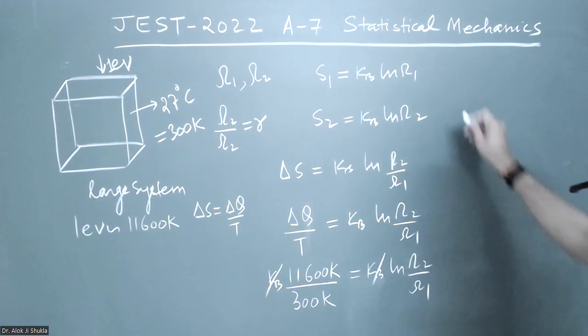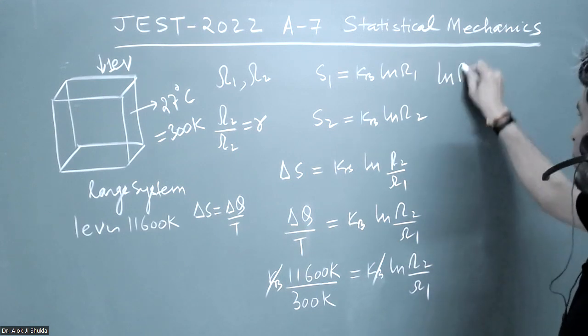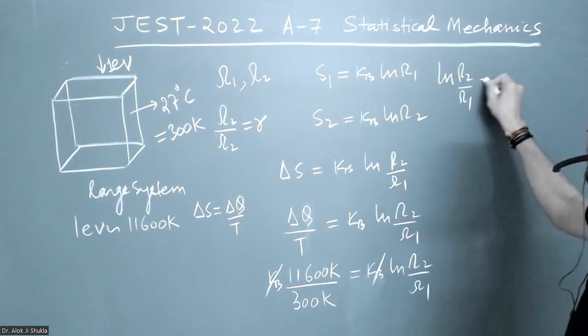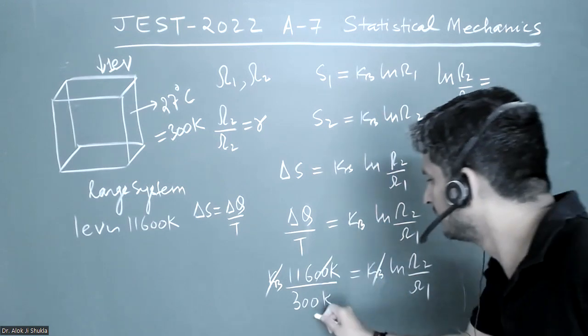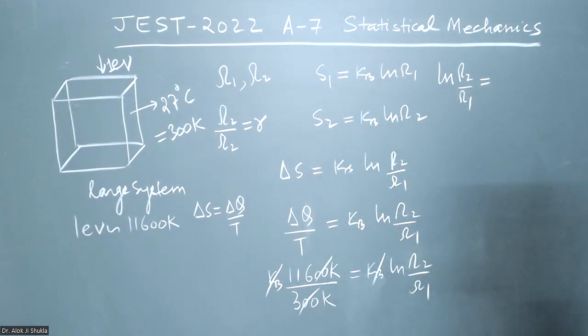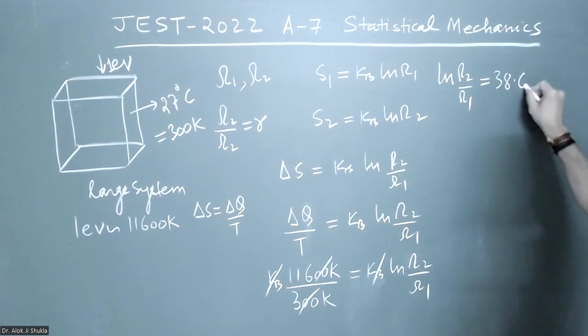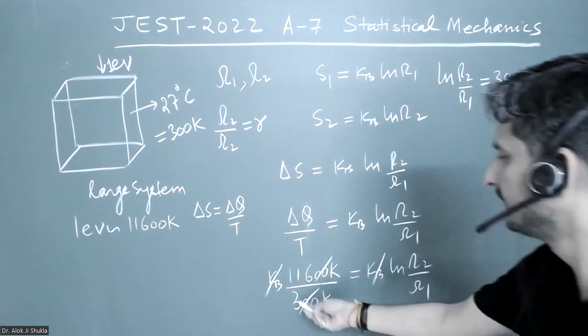So now ln of omega 2 by omega 1 will become 11600 divided by 300, which is 38.6.